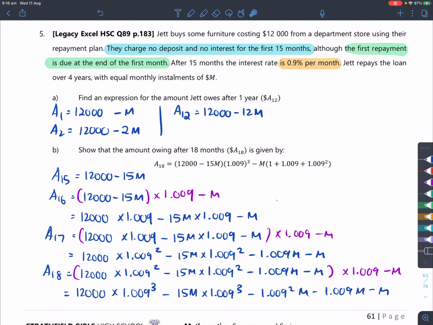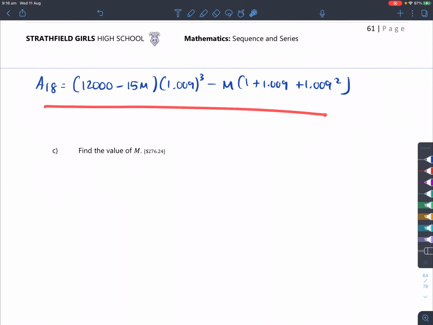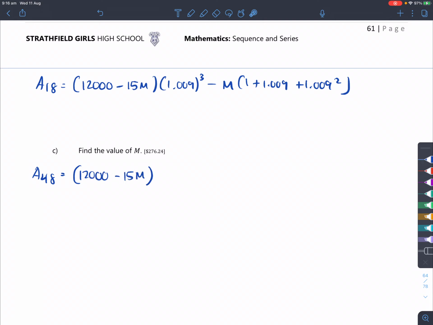So we're going to try and find A48. Just by using this pattern here, A48 would equal the same thing as 12,000 minus 15M. Notice how there's nothing here related to that number, so we don't worry about that. So we just copy that down.